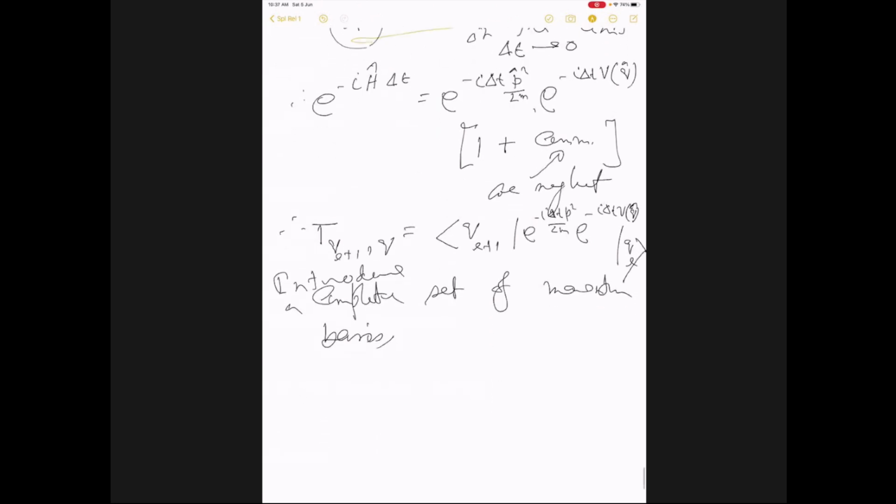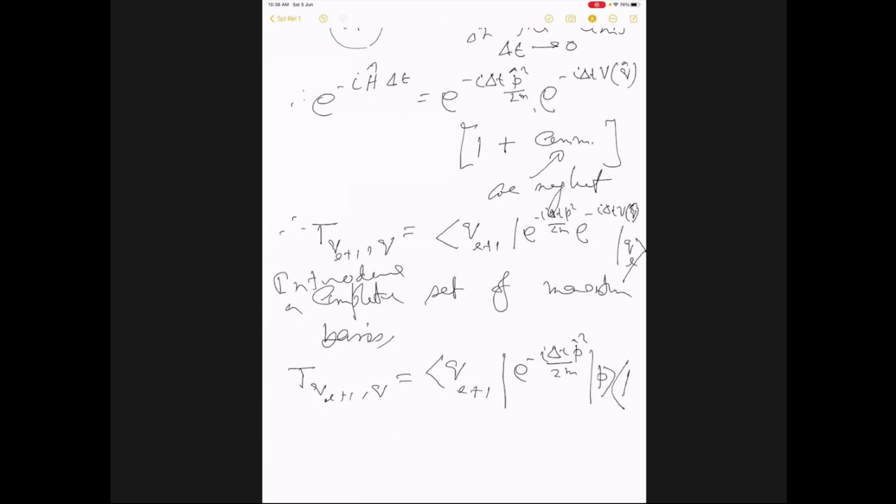So if you do that, it becomes T, q_{l+1} comma q, is equal to q_{l+1} e to the power minus i delta t p squared by twice m.